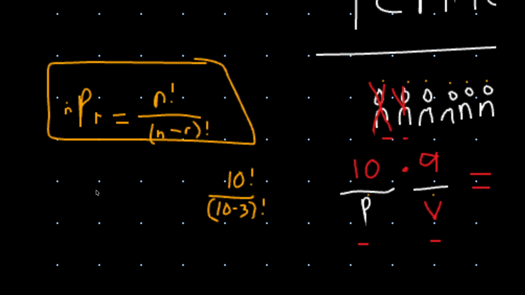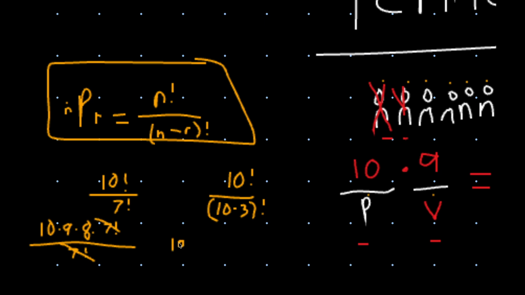So this simplifies to 10 factorial over 7 factorial, which we can rewrite as 10 times 9 times 8 times 7 factorial over 7 factorial, which we can cancel these out. So it leaves us with 10 times 9 times 8, which is also equal to 720.